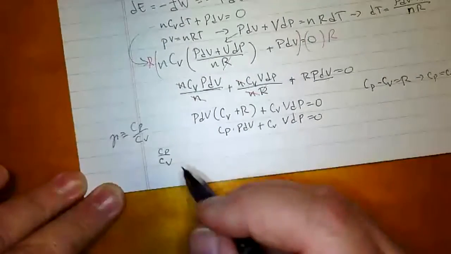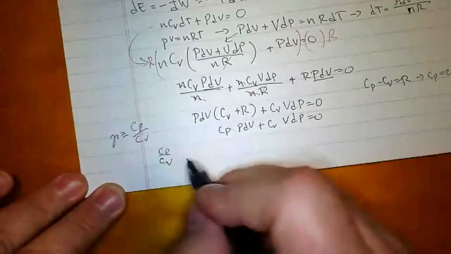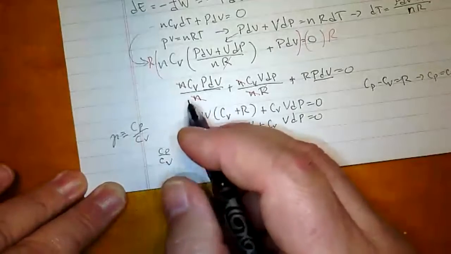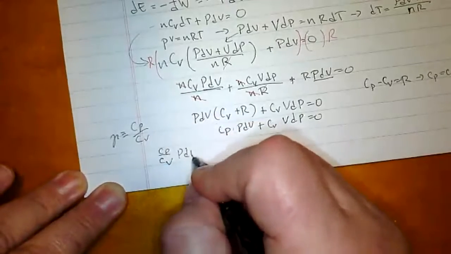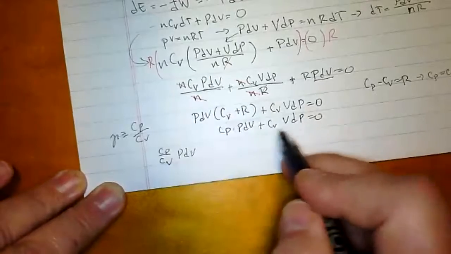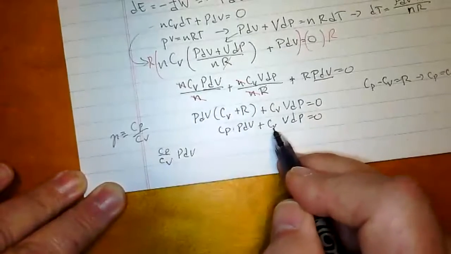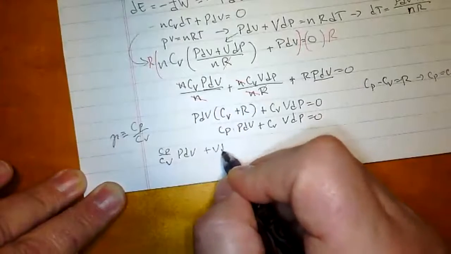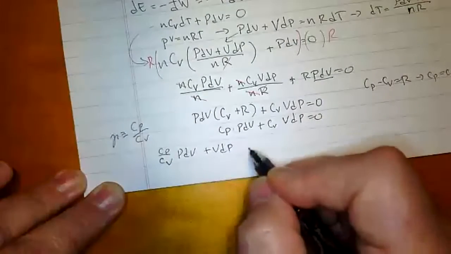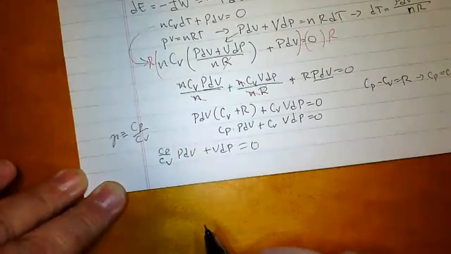And now in thermodynamics, we have CP over CV is gamma. But that's going to be times P dV. And then now that we've divided through by CV, that CV is no longer there. So I'm just going to have plus V dP. And all that's equal to 0.